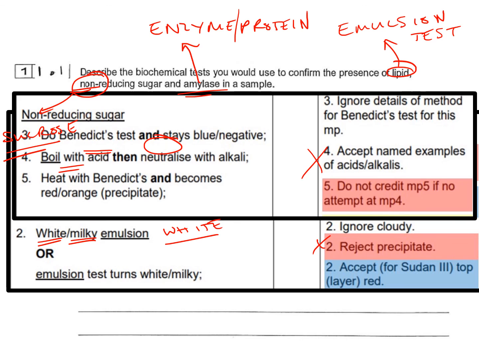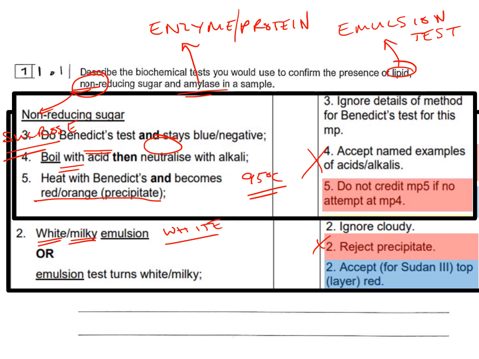Once the pH is back to pH 7, you then add Benedict's reagent and you heat to 95 degrees C. Now because you've got an equal concentration of fructose and glucose, they're two reducing sugars, they're monosaccharides, we're going to get an orange or brick red precipitate. So the heating is to 95 degrees C.